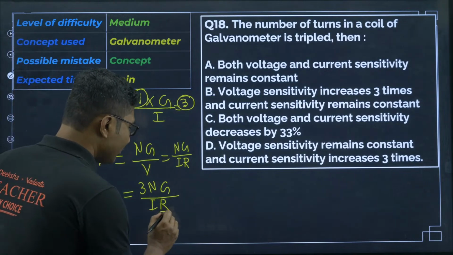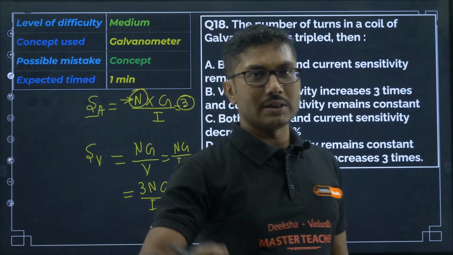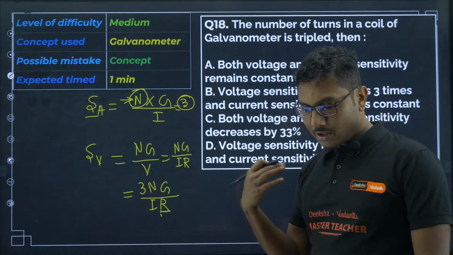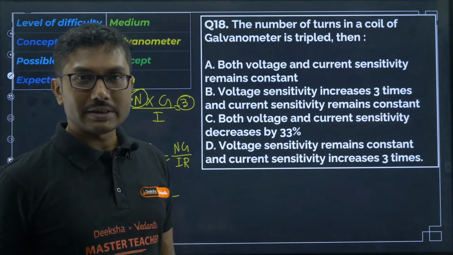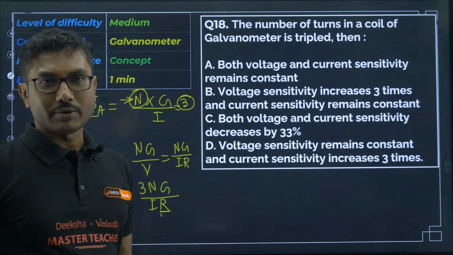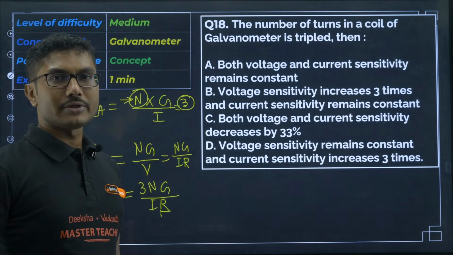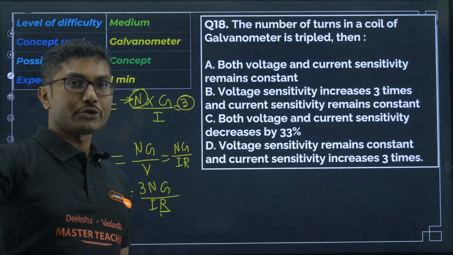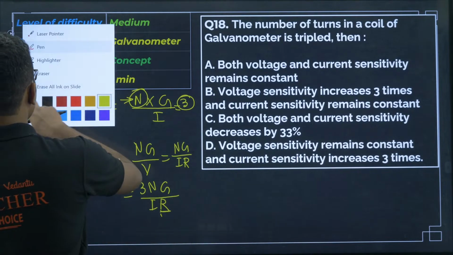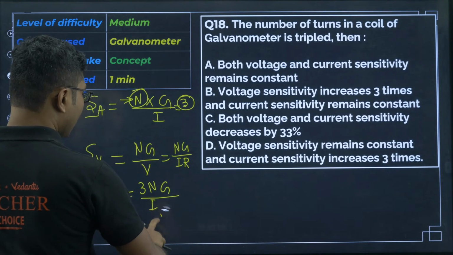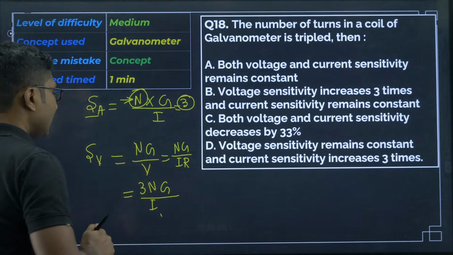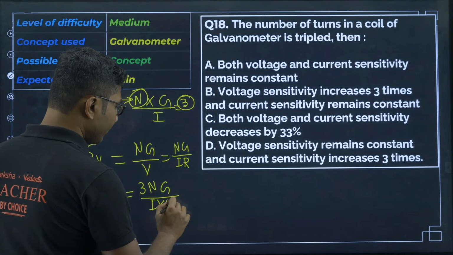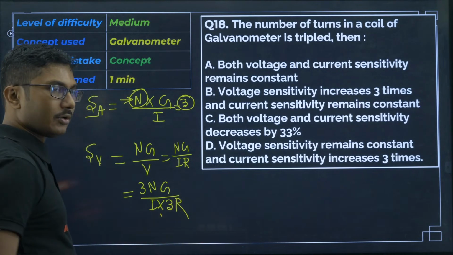Now as you have increased the number of turns in the coil, number of turns increase means length also increases. So length increases means what? The resistance of the coil also increases. Now that is proportional to the length of the coil. So if you increase the number of turns to 3 times, the resistance of the coil will also become 3 times. Okay, that's it.